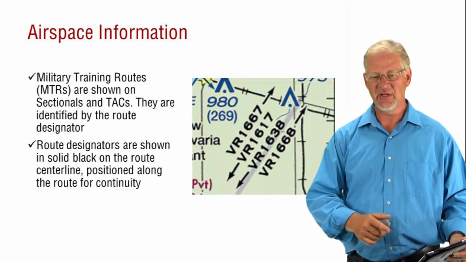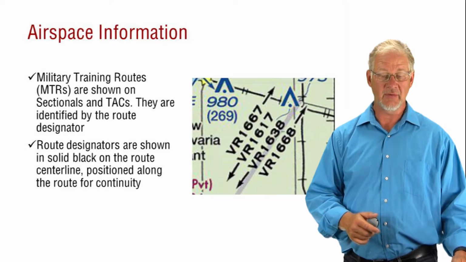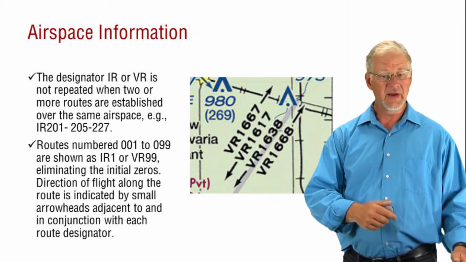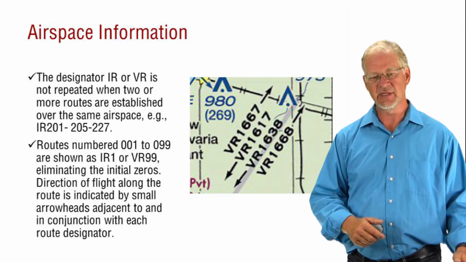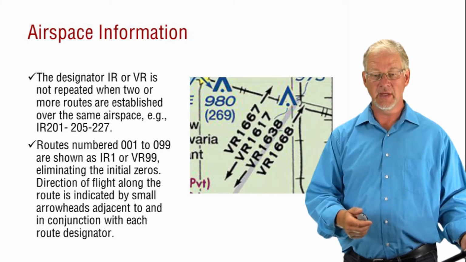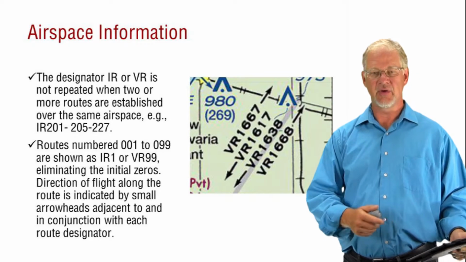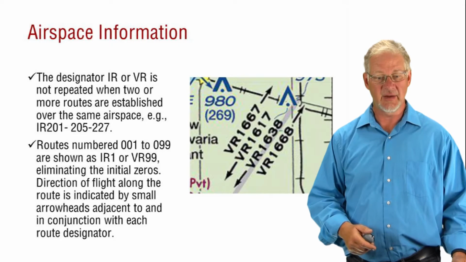Route designators are shown in solid black on the route center line, positioned along the route for continuity. Now the designator IR or VR is not repeated when 2 or more routes are established over the same airspace. So an example would be IR 201, 205, 227, 229. It's all going to be the same. So the IR is then pulled from the second, third, fourth set of numbers.